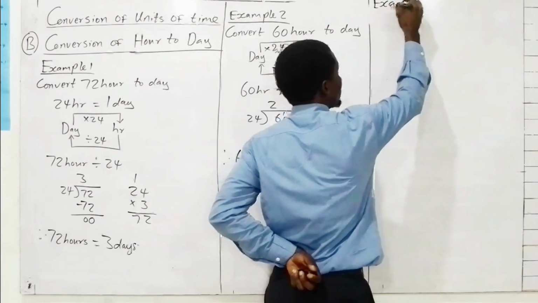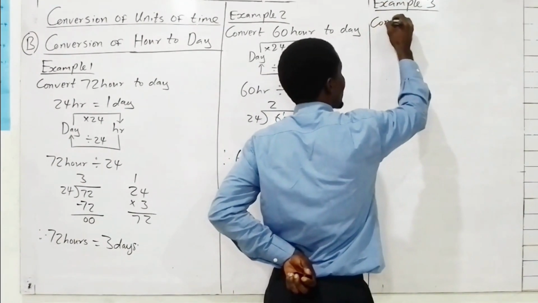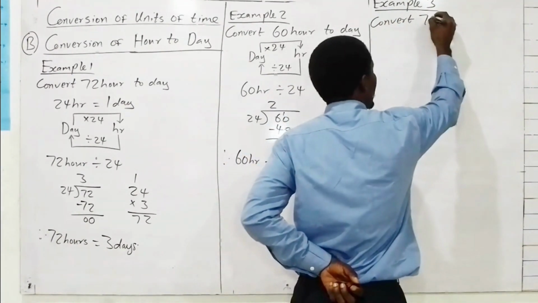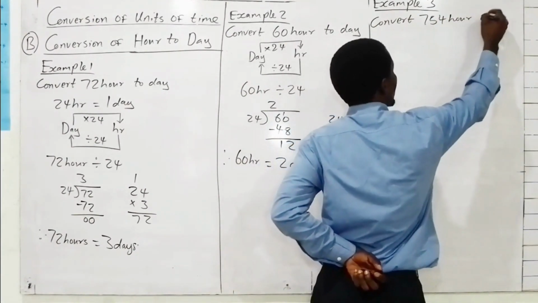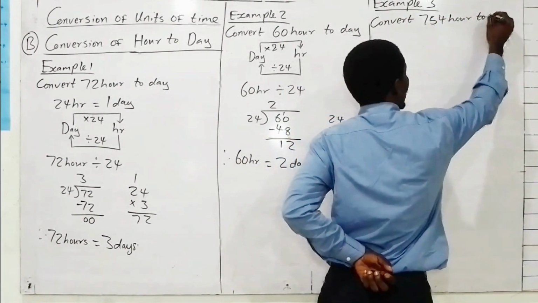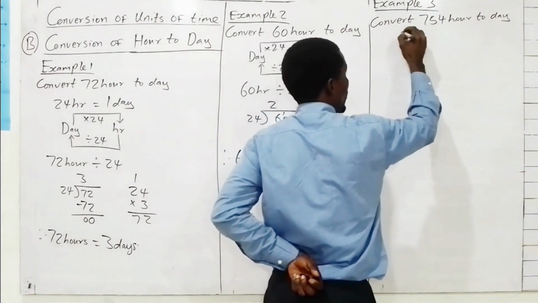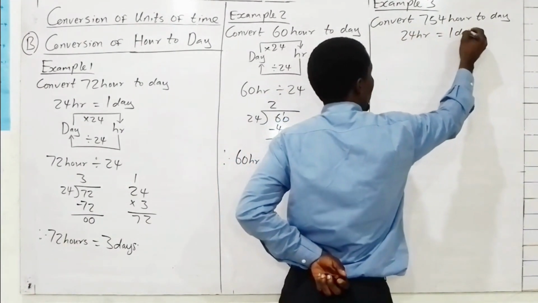So let's take another example. Example 3: let's convert 754 hours to day. Now we recall that 24 hours equals 1 day.